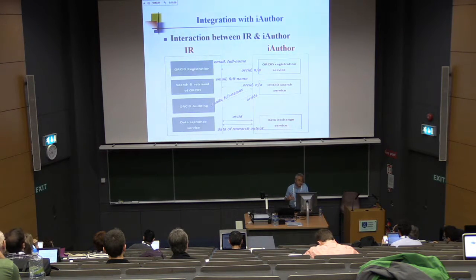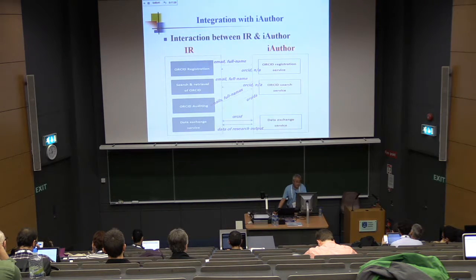The IR can also perform real-time search and retrieval of ORCID from ORCID, and also perform ORCID auditing services. And between the IR and IOTA, they can also exchange research items information.